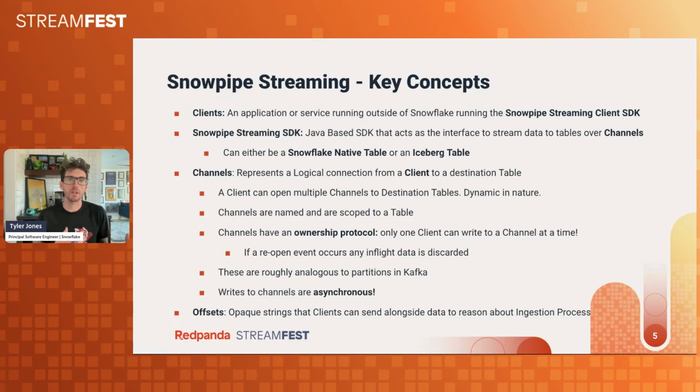So a client could say, open up a channel named foo to a table bar. And once a channel is opened, a client has exclusive write access to that channel. So if you have a client A and a client B, and client B reopens a channel that client A previously owned, client B gets exclusive write access to that channel.